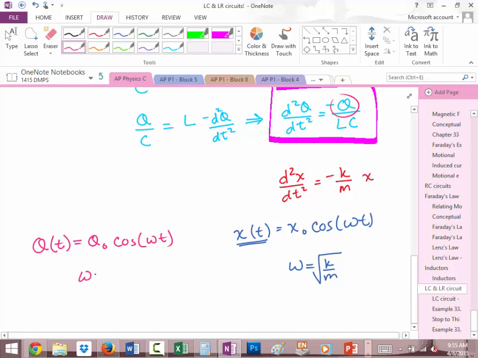But we need to know what omega is. Yep, the square root of 1 over LC. Because the Q is the thing that we're pulling out here, like our x. And so we're left with the L over the 1 over LC, which sits in the same spot as before. Is that okay?